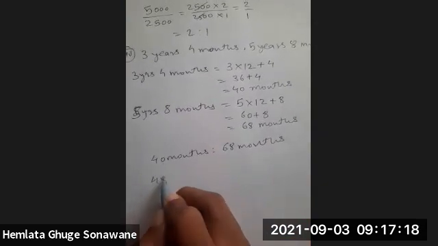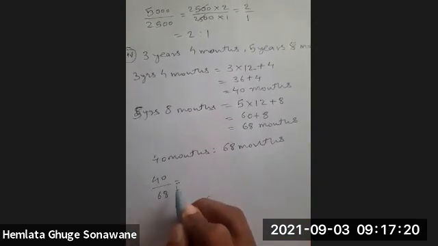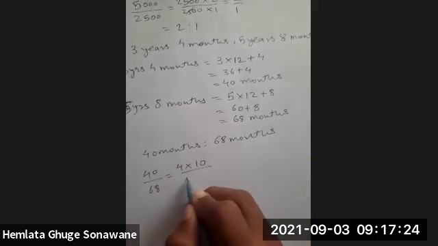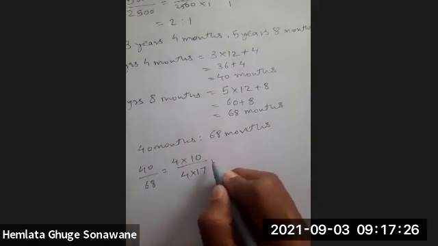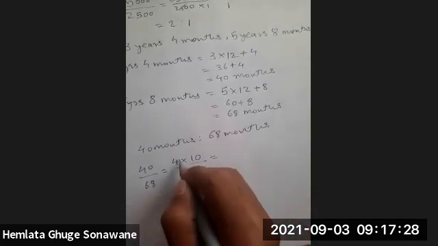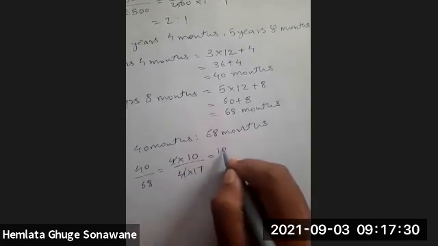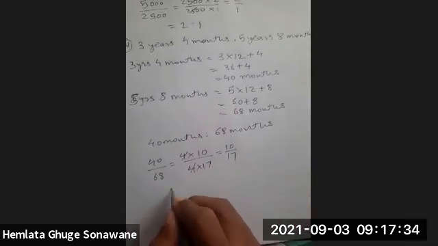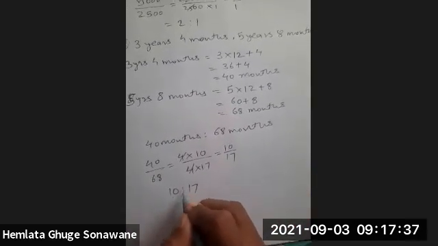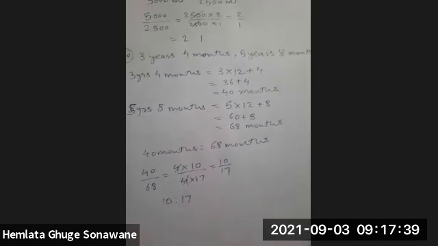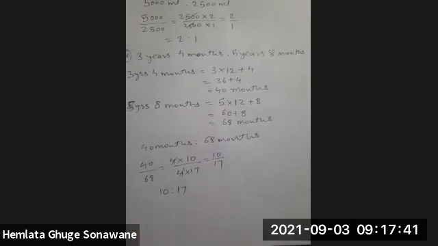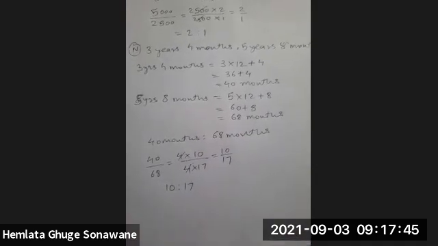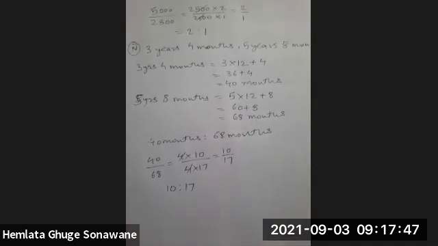So 40 upon 68. We'll simplify this. 4 tens are 40, 17 fours are 68, 4 4 cancel, 10 upon 17. So we'll get 10 as to 17. Correct. Go through the example.